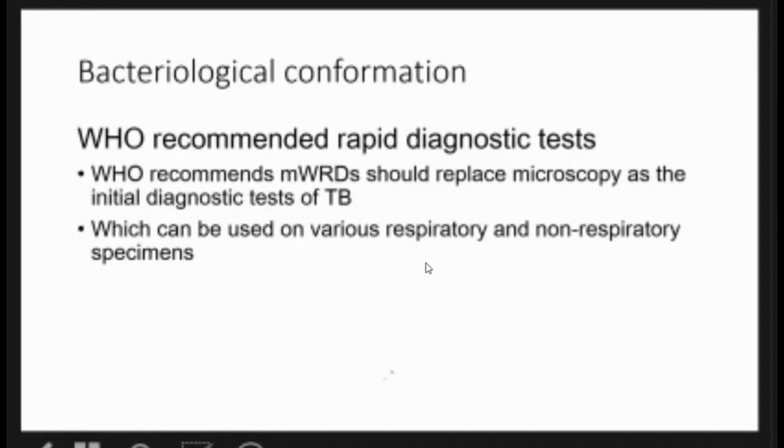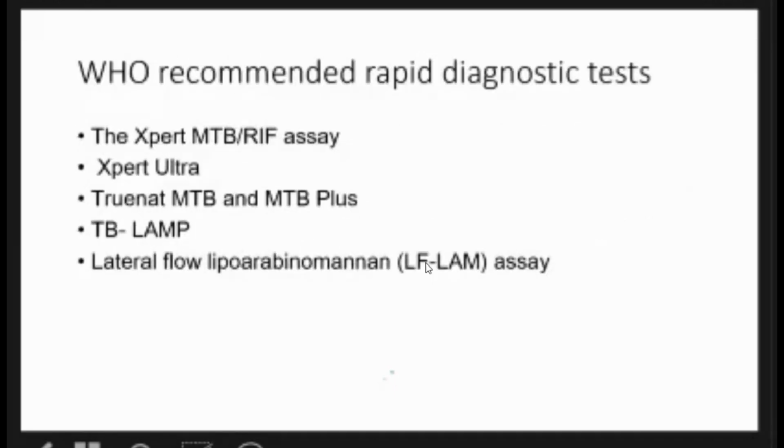This rapid diagnostic test can be done in a variety of respiratory and non-respiratory samples, specimens. So what are the available rapid diagnostic tests to detect TB in pediatric practice? As you all know, I think you have already gone through these sorts of investigations during previous lectures.